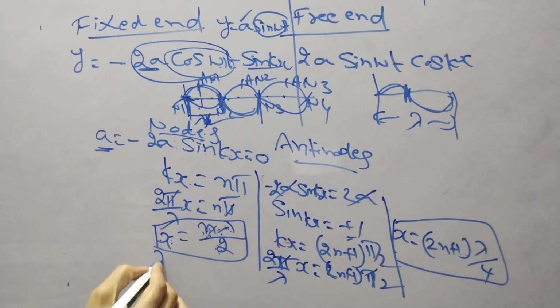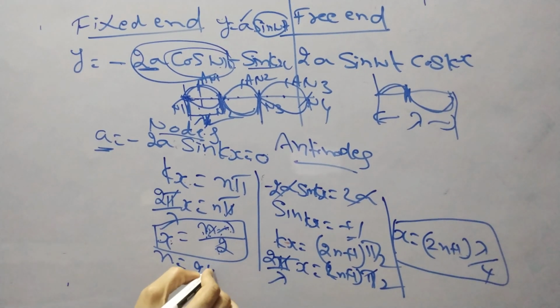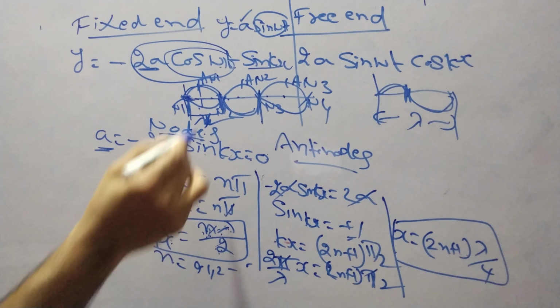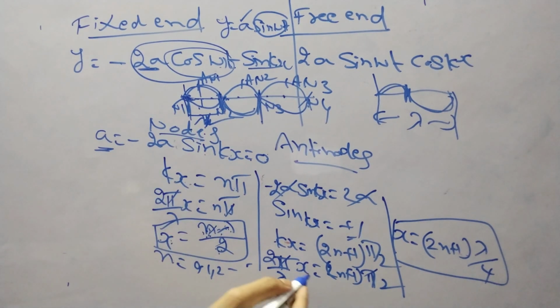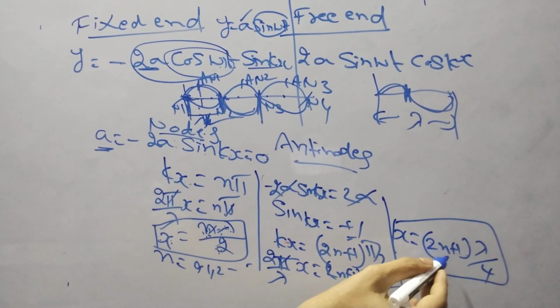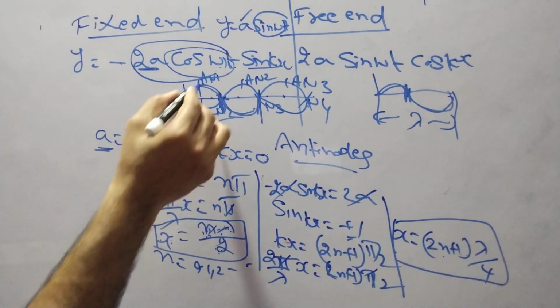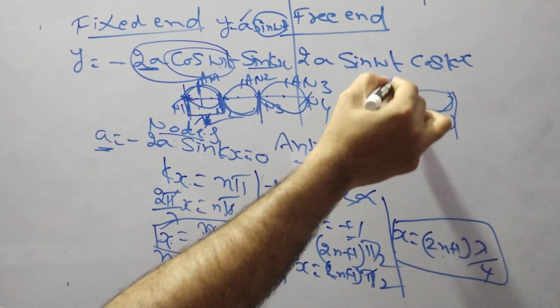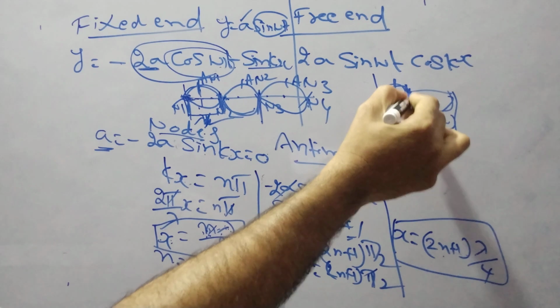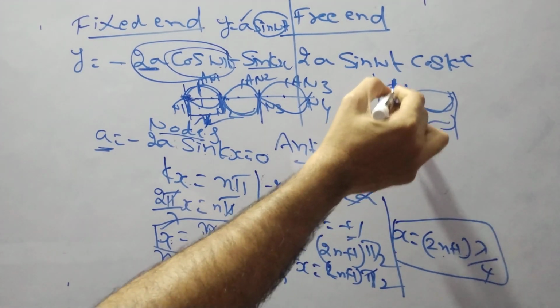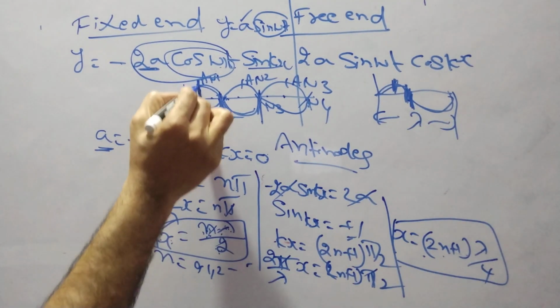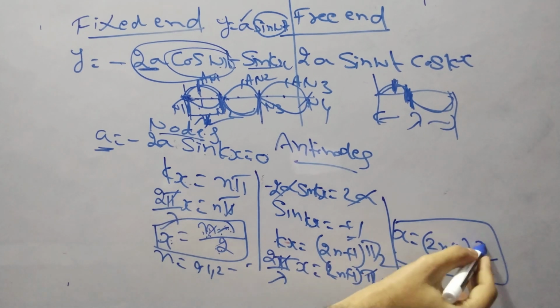So by putting the values n equal to 0, 1, 2 and so on, you get the node values. Here, when you put n equal to 0, it means lambda by 4. Up to here is lambda by 2, so this is lambda by 4. You get the first antinode here by putting n equal to 0, lambda by 4.